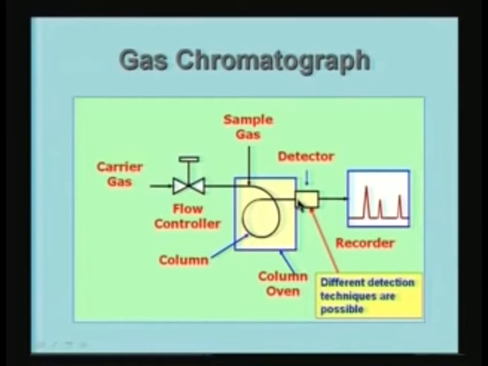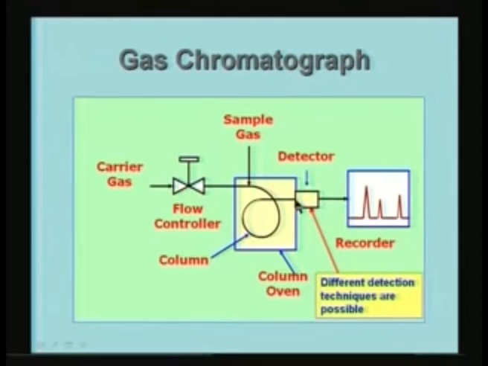So, if you look at the gases coming out here, it will be carrier gas plus the highest speed gas, the one which moves at the fastest speed will come first, and then after a gap the next one will come, because we have introduced a sample which is in the form of a pulse. So, the first one to come will be the gas which moves fastest through the column, after some time, the next gas will come, and so on.